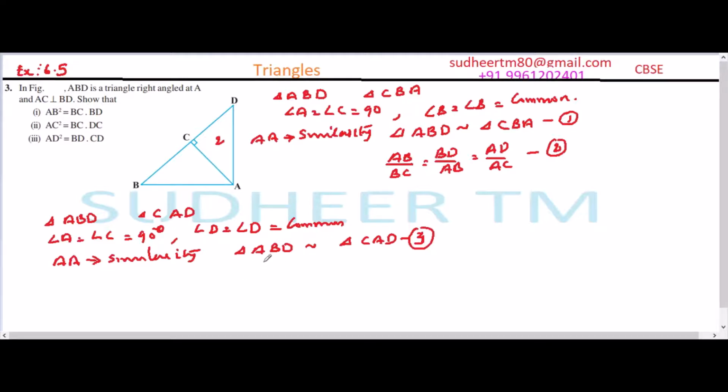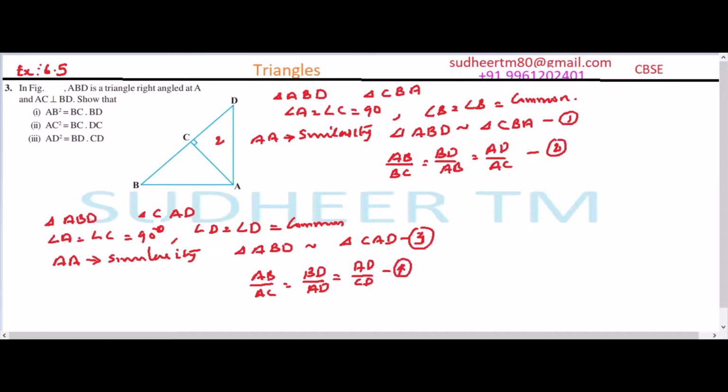By the ratio of the corresponding sides, we can make a similar equation: AB divided by AC equal to BD by AD, equal to AD by CD. Let it be equation number 4.